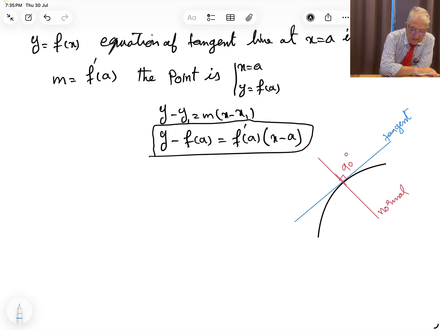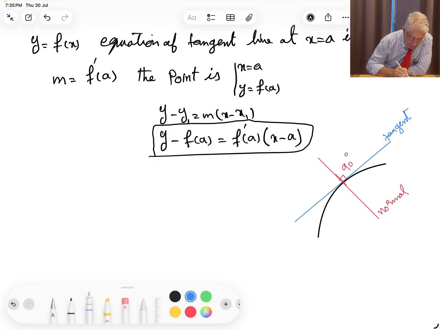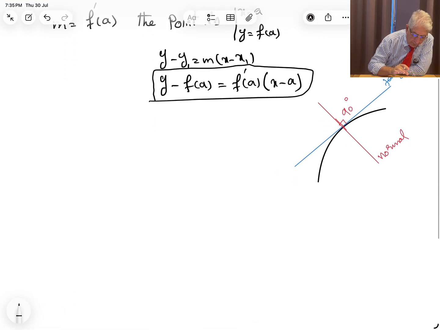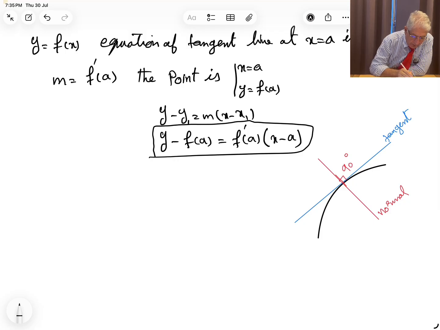Since the angle between them is 90 degrees, therefore we know this is the equation of normal line.